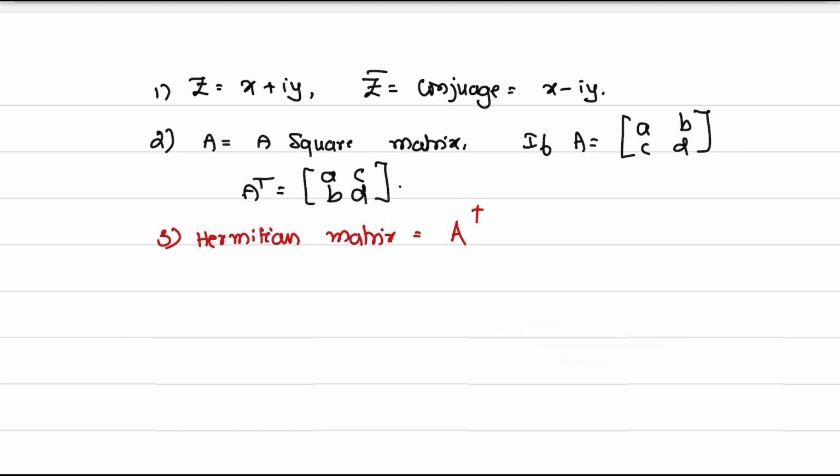A plus is equal to A if A conjugate transpose is equal to A. If the conjugate of the matrix and its transpose is equal to A, then that A is called a Hermitian matrix.